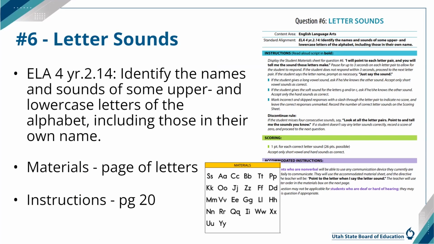I'm going to give everybody about a minute to read through these directions. It is important that this is short vowels and soft, hard sounds for the G and the C.